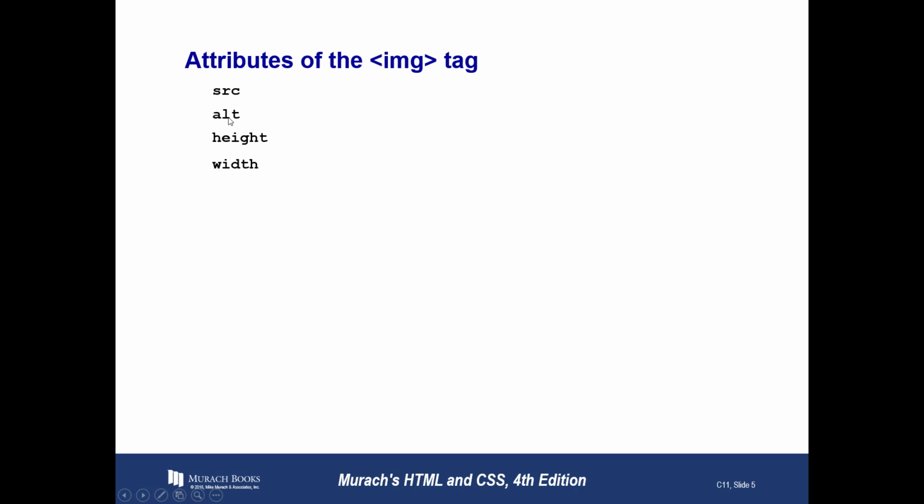What does that alt do? It does a couple things. First of all, if you put a wrong path or a wrong file name in, what will show on the screen will be the alt text. Even more importantly, that alt text is what will show for people who have, for example, a browser for the blind. And it's just considered the right thing to do. It's more or less as mandated as it can be.